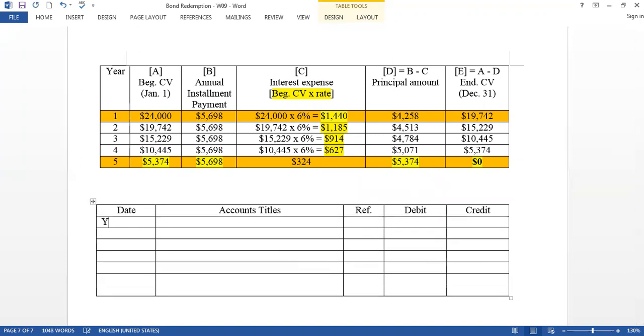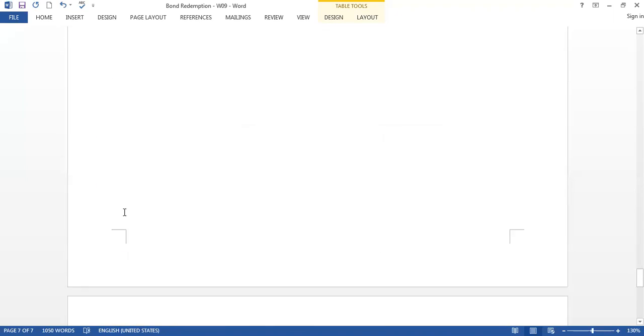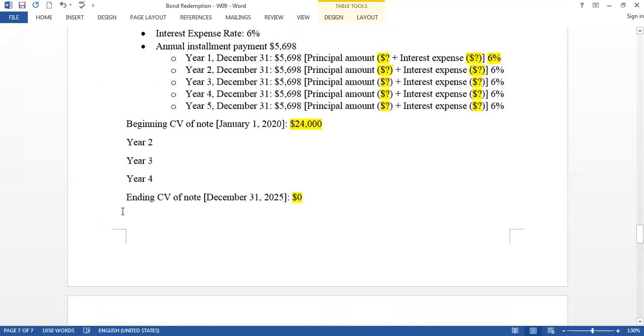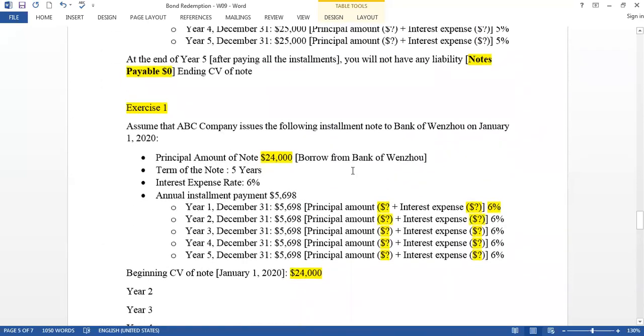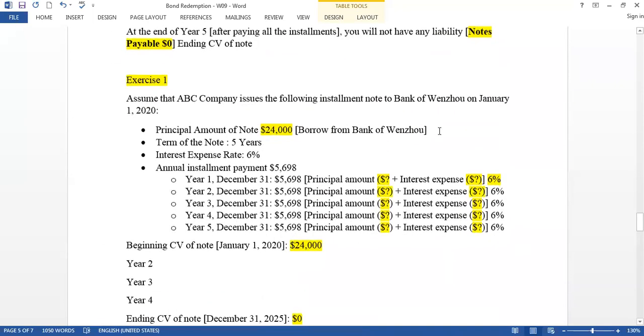So year 1, January 1st. What happened on year 1 January 1st? How much money did you borrow?